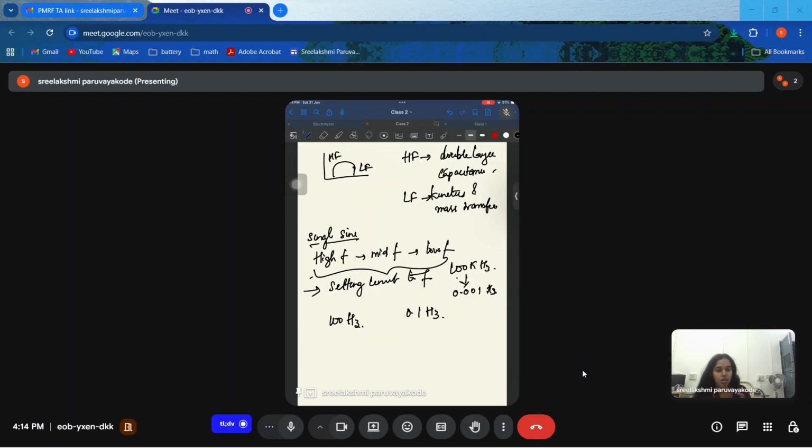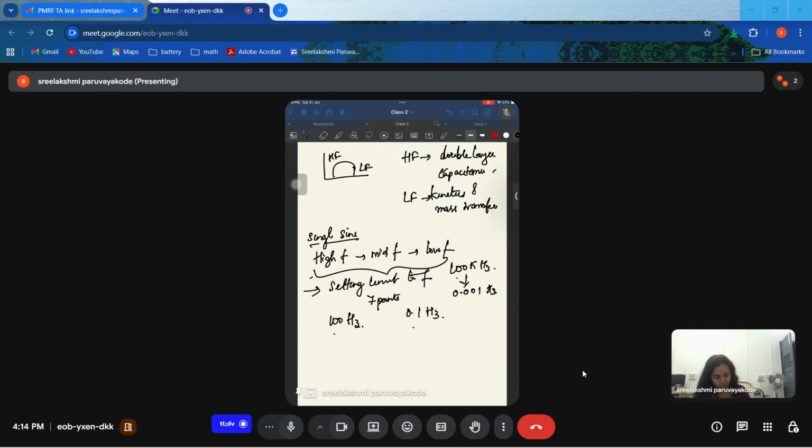I cannot do it at each frequency. I have to decide at what interval of frequency I should collect the data. Imagine I'm doing an experiment from 100 kilohertz to 0.1 hertz, and I say that between the total range of that frequency, I need to take data at 7 points.